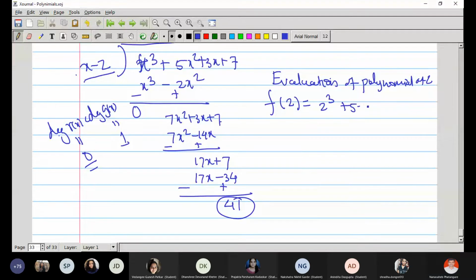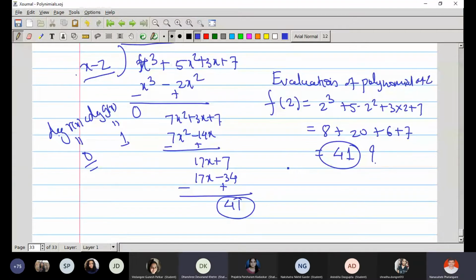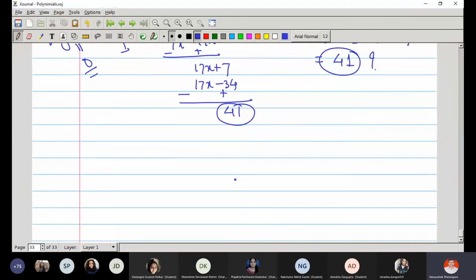What is it? 8 plus 4 into 5, 20 plus 6 plus 7. What is it? Is it 41? Yes. Correct. And therefore this gives us some general result, right? So this is called the remainder theorem.